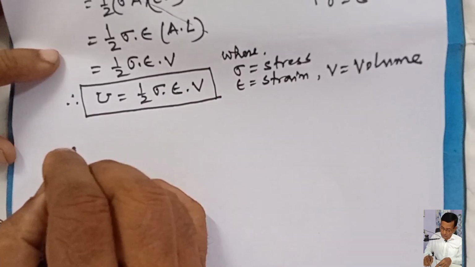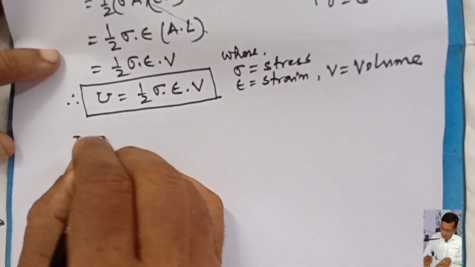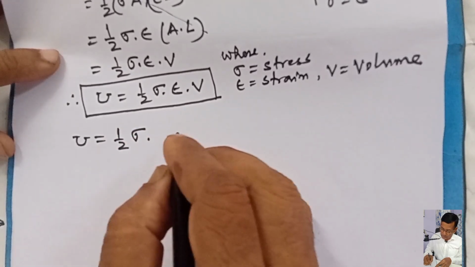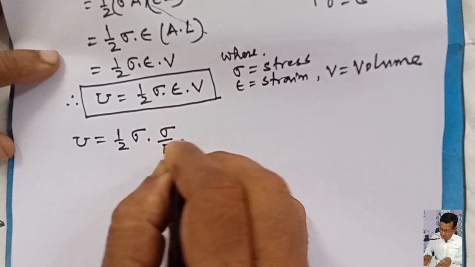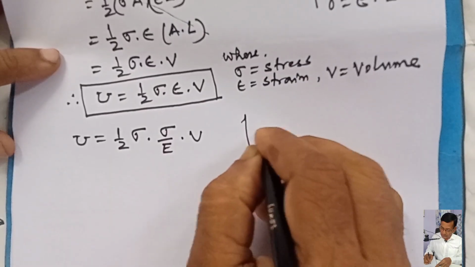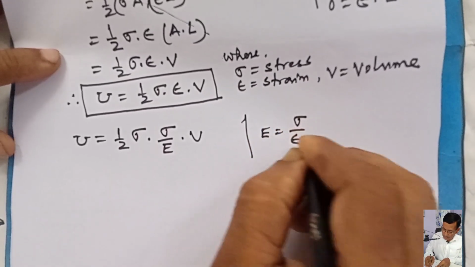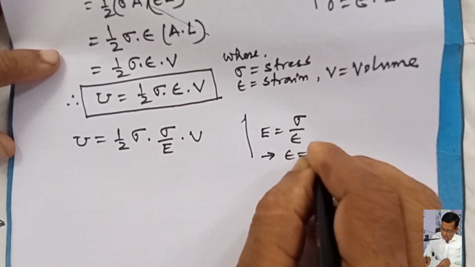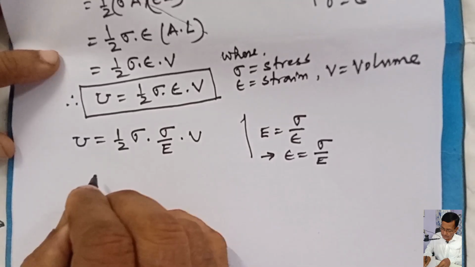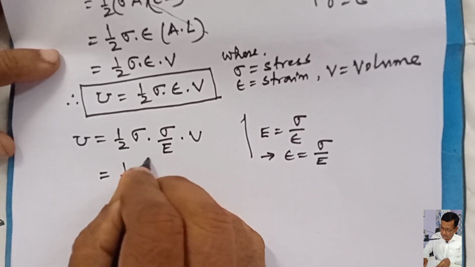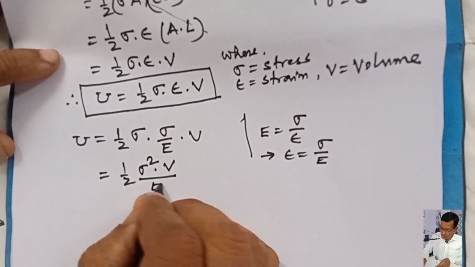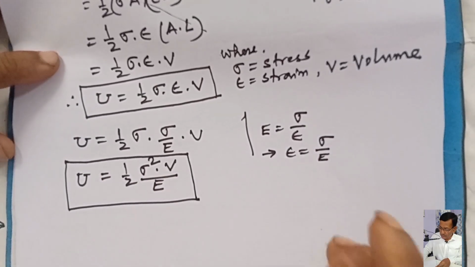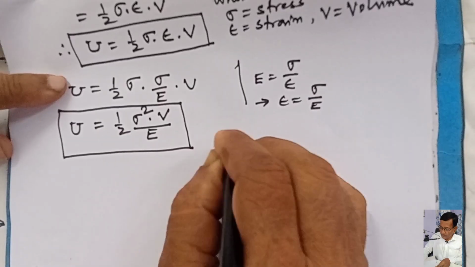Again, we can write U is equal to half sigma into sigma by E into V. E is equal to stress by strain, so epsilon is equal to sigma by E. So U is equal to half sigma square into V divided by E. This is another formula we can use. E is Young's modulus.